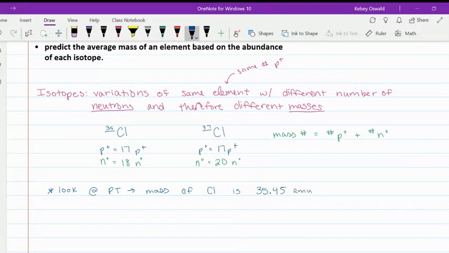So I know what we're probably thinking. Where did this number come from? It's not the same as Cl35 or Cl37. Where did we get this 35.45 from, and why is there a decimal?